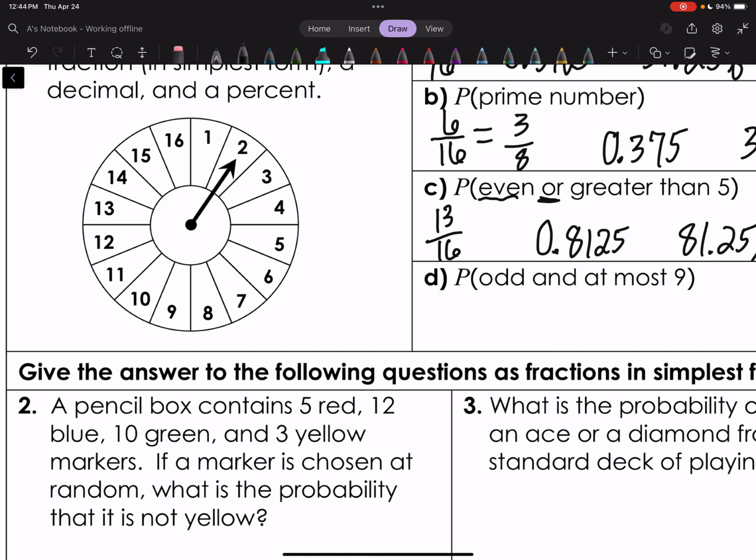D, though, says odd and at most 9. This one is a different type of restriction. Here's what the word and means. I have to satisfy both of those. So at most 9, I cannot use anything after 9. And now I'm going to look at the odd part. Odd would be 1, 3, 5, 7, 9, which is 5 out of the 16.